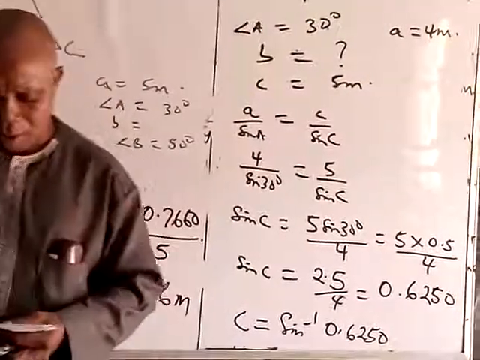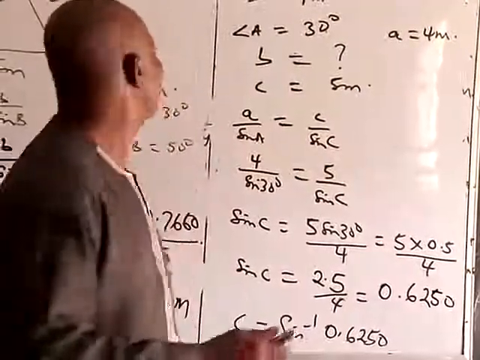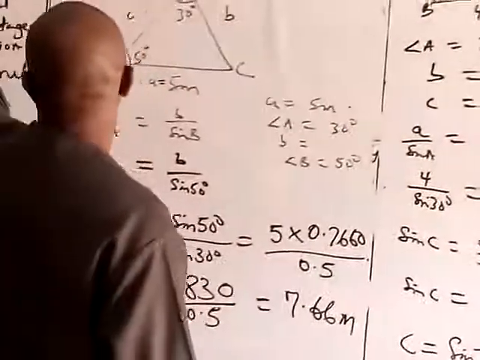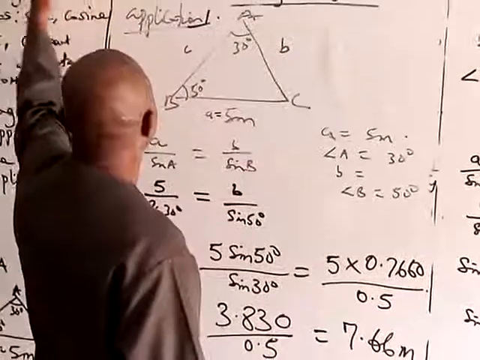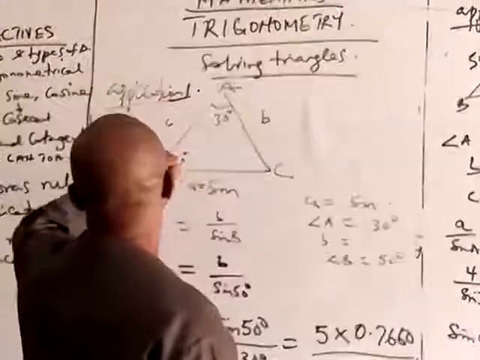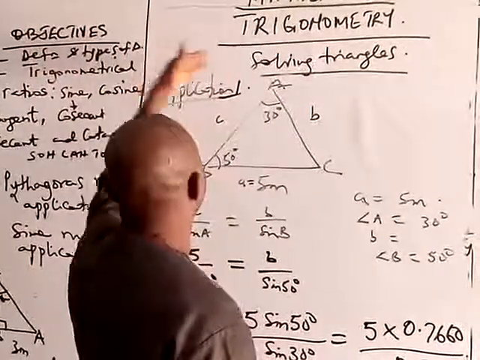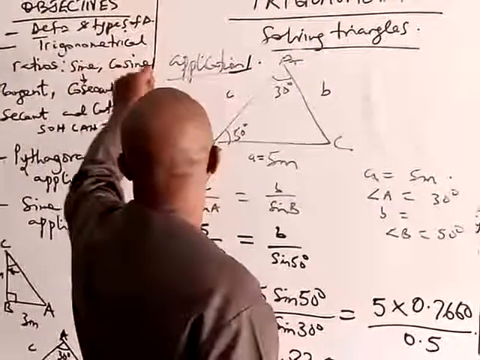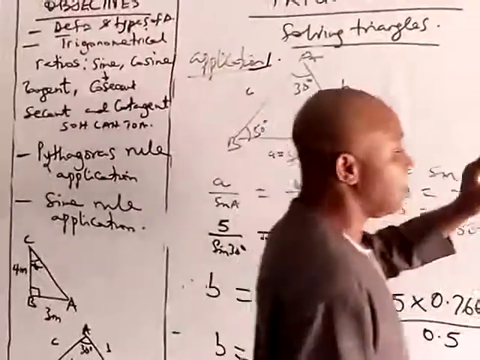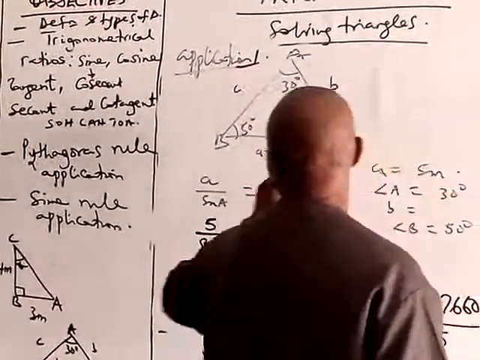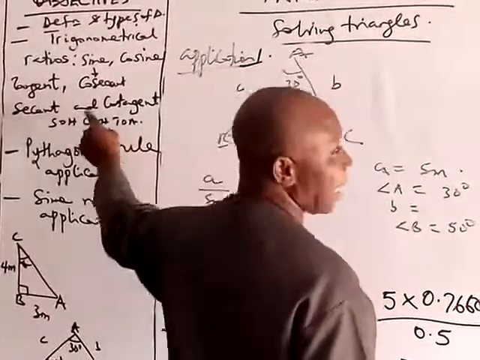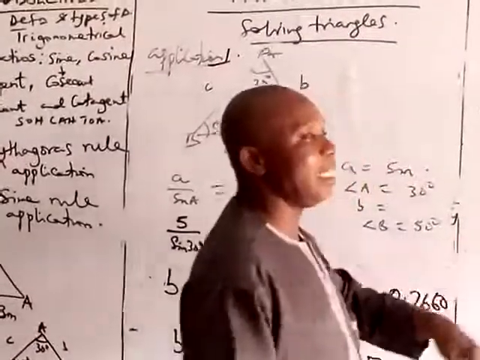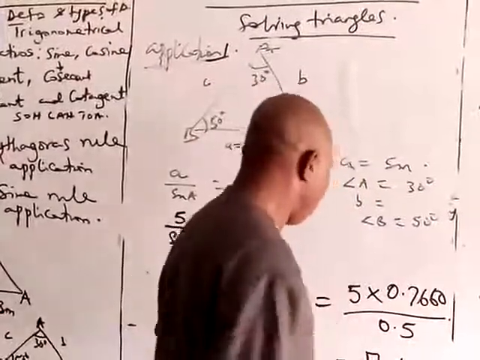Now, what I want you to take note of is what you have learned: the types of triangles, the definition of the trigonometric ratios, the sine, cosine, tangent is the basic trigonometric ratio, while the cotangent, secant and cosecant are the derived ones.